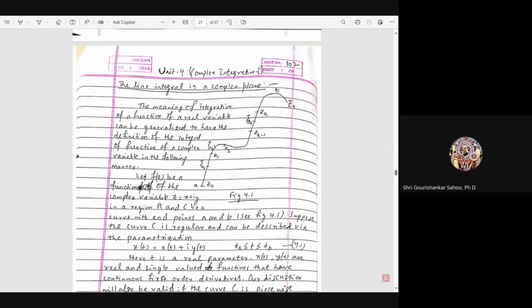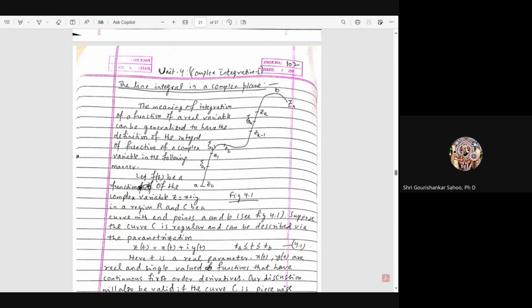So if fz be a function of the complex variable z, where z is equal to x plus iy, in a region R, and C be a curve with endpoints A and B, you can see that in the curve your initial point is small a and your terminal point is B. So the end points of the curve are A and B, shown in a region R, and the curve can be represented as capital C.